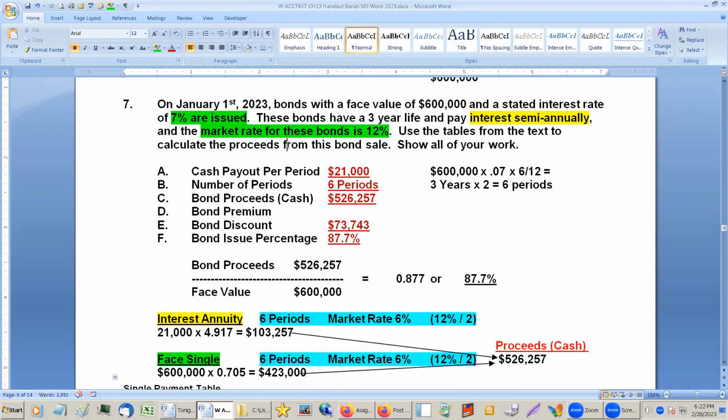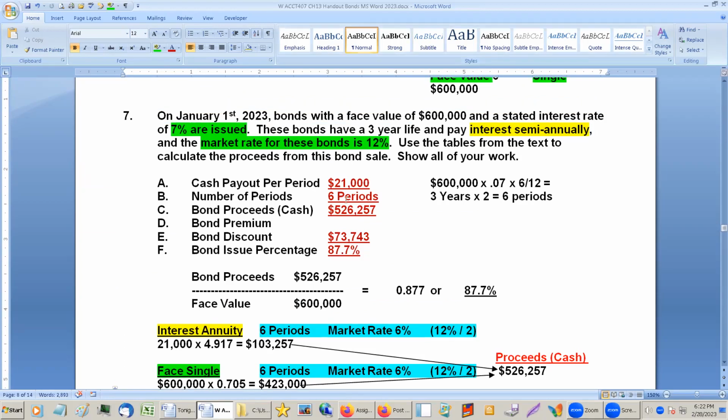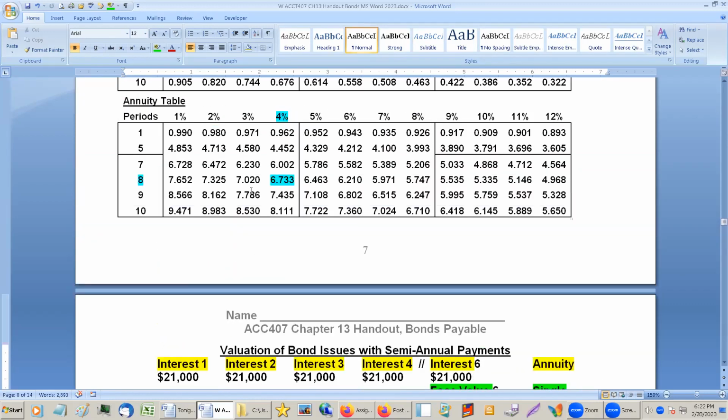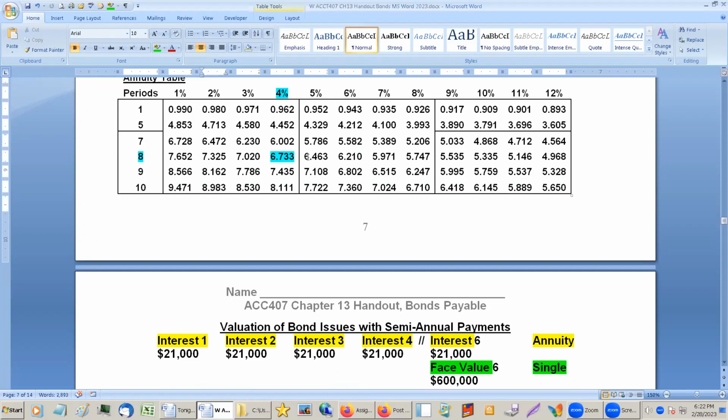Here's another weird thing about bonds. Let's look at the tables for a second. You'll notice as the interest rate goes up, the bonds are worth less and less, right? Because the market wants more money.